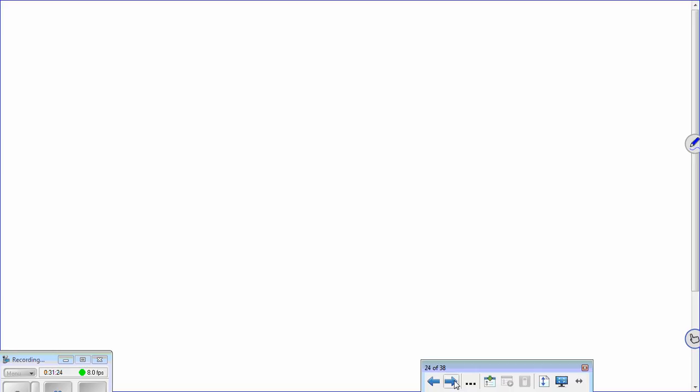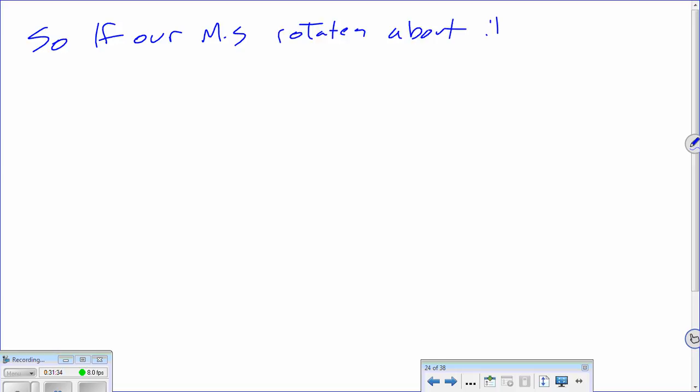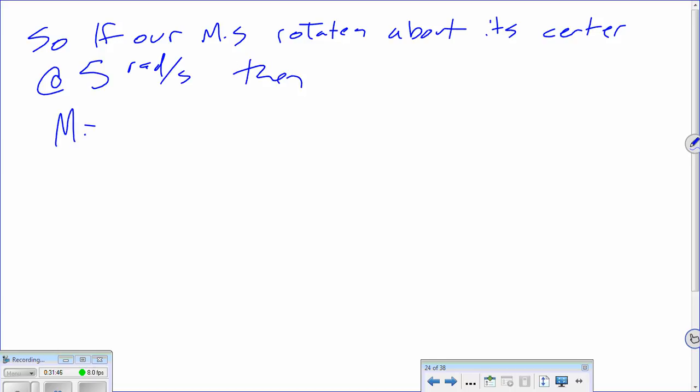All right. So if our meter stick rotates about its center at 5 radians per second, here's what we know. We know the mass of the meter stick. I told you that before. It was 0.070 kilograms.